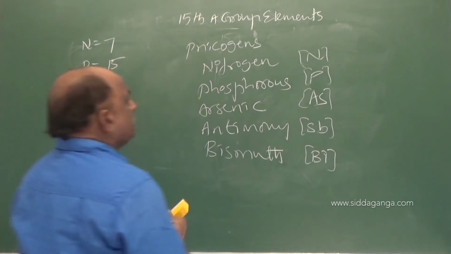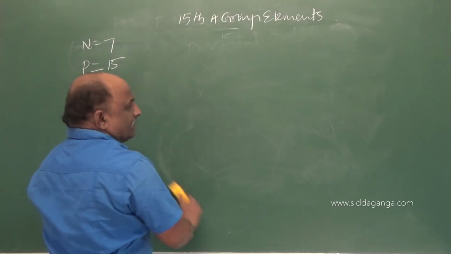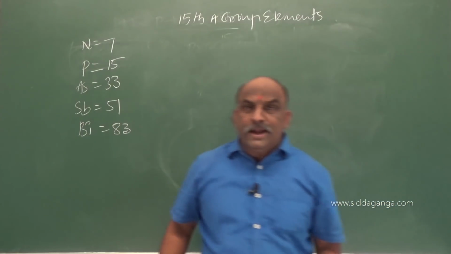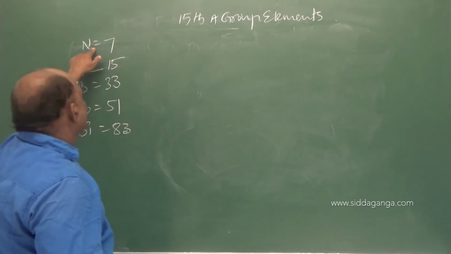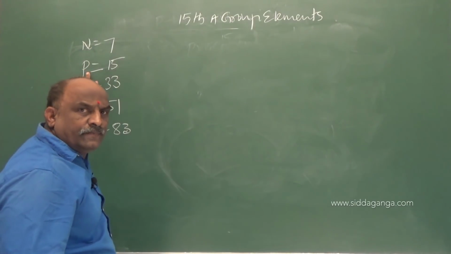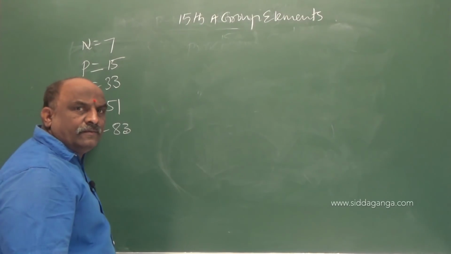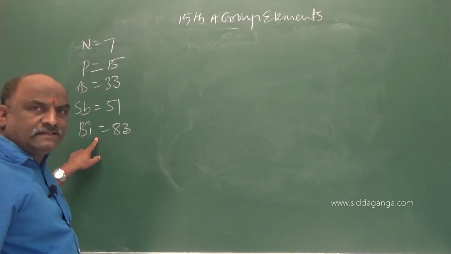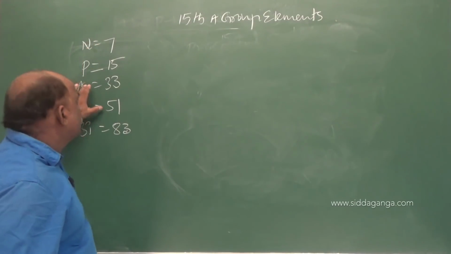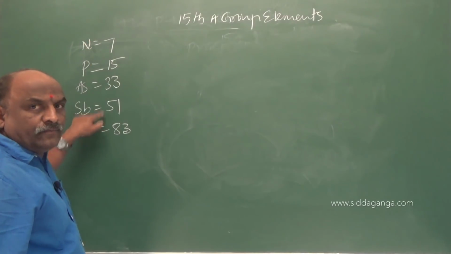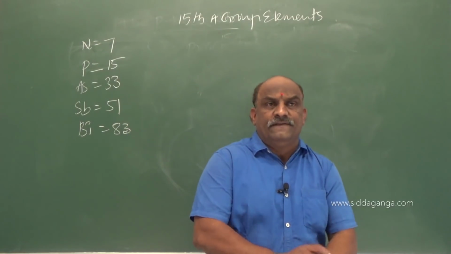So my dear students, make a note regarding these atomic numbers. Nitrogen 7, phosphorus 15, arsenic 33, antimony 51, and bismuth 83. Going down the group from top to bottom, we have to discuss some properties.